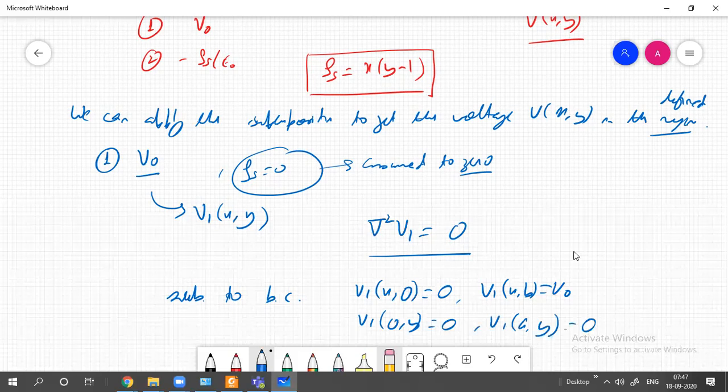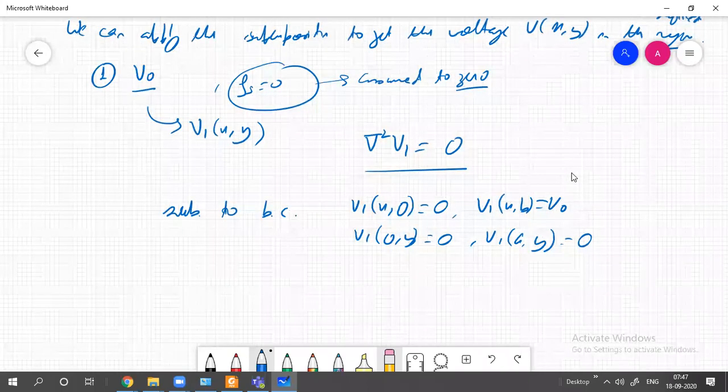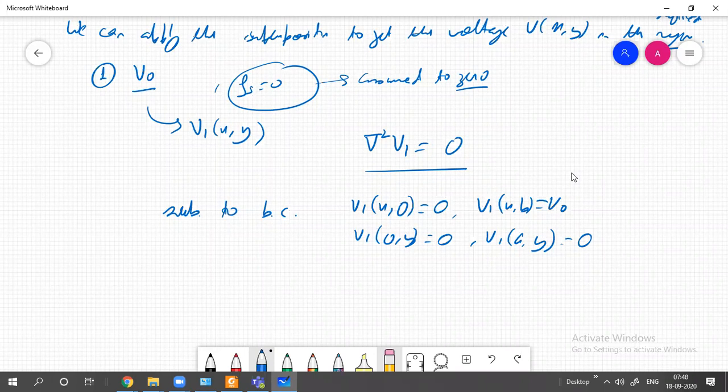This will be one problem, and we have already solved it, so we can straightforwardly write the expression for V1 of xy.